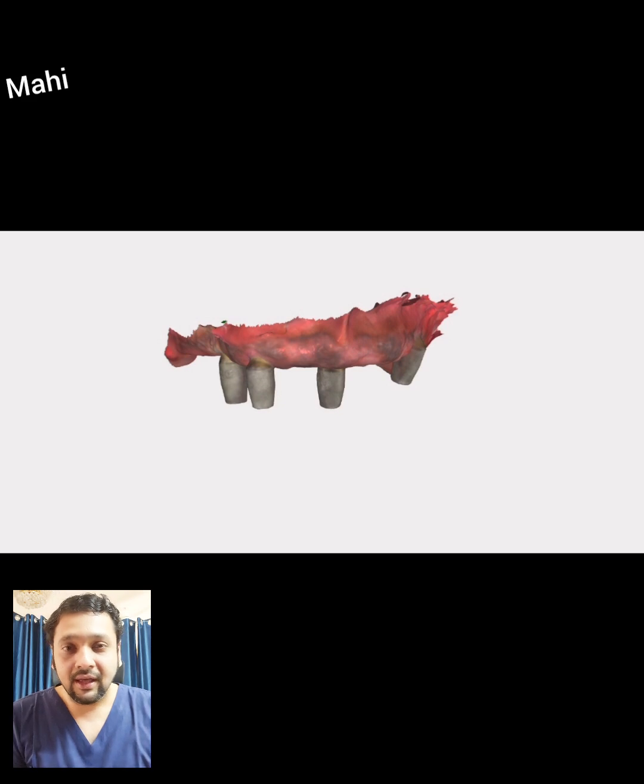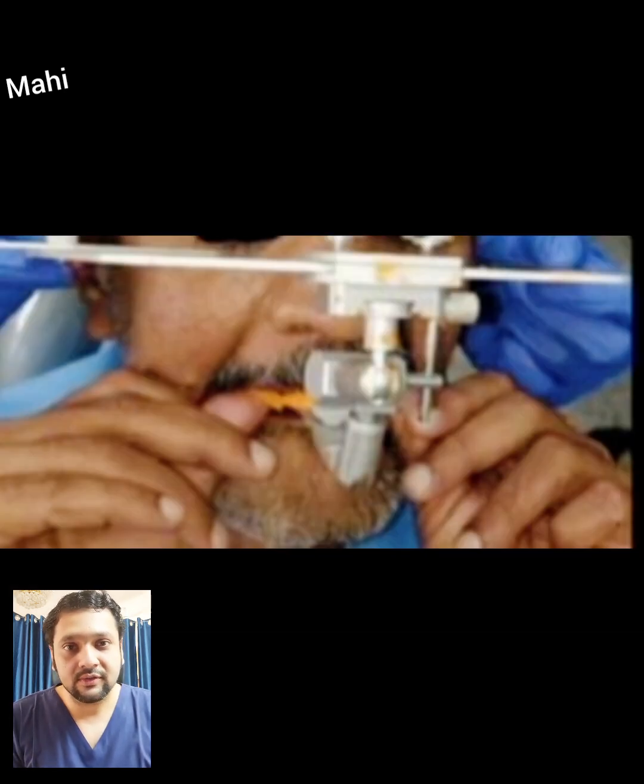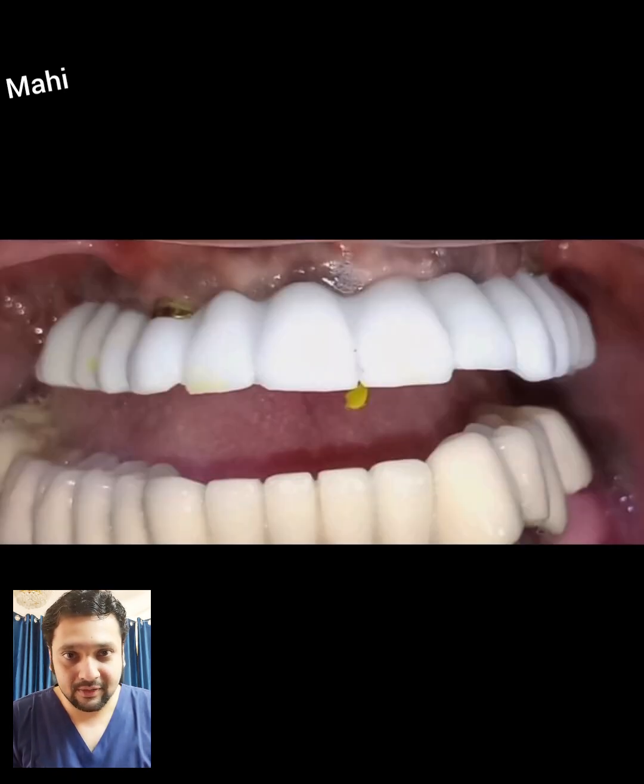And finally, AP spread. The spread that we give for the implants, in order to make sure that the antero-posterior spread of the restoration is from the first molar to the first molar on both sides respectively. This is known as AP spread.